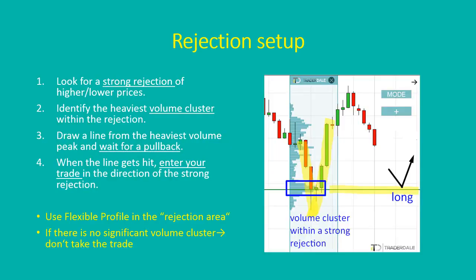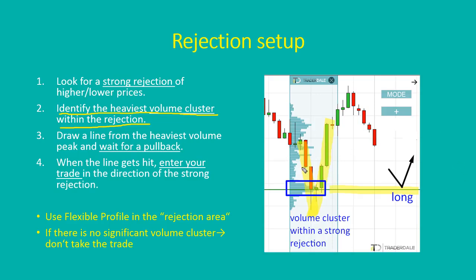So let's now have a look at specific steps in this trading setup. The first step is you look for strong rejection of higher or lower prices. So in this picture, in this case, there is strong rejection of lower prices. This is what you look for. Afterwards, as I already said, you identify the heaviest volume cluster within the rejection.